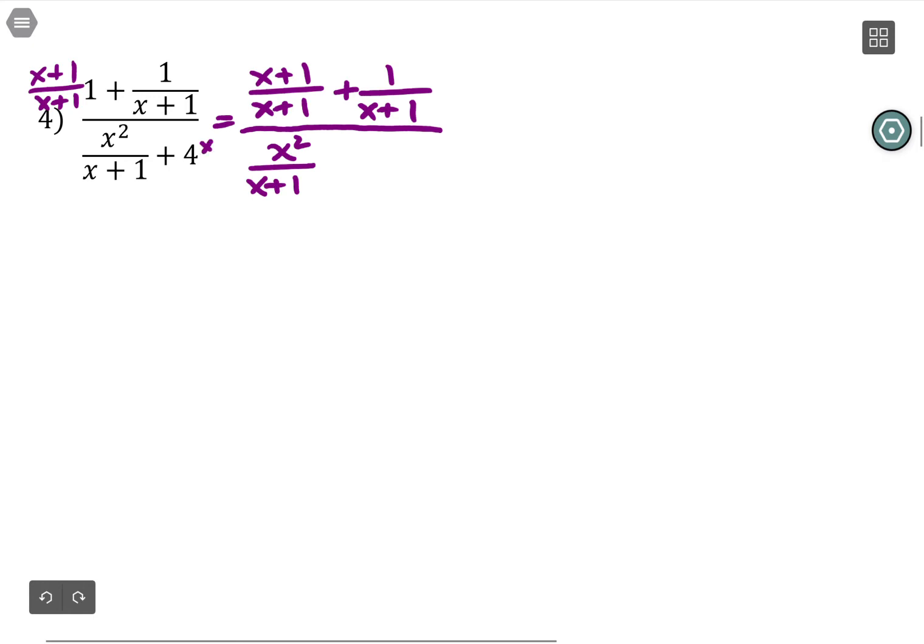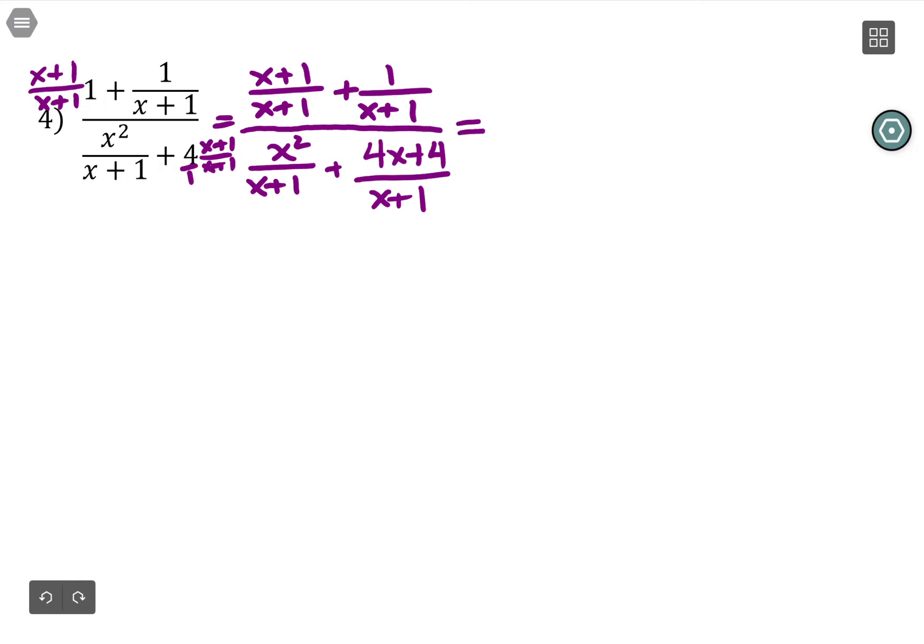The second one will multiply top and bottom by x plus 1. Oops, no, 4 over x plus 1. You can multiply the 4 in if you'd like to. In fact, I think I'm going to. 4x plus 4.